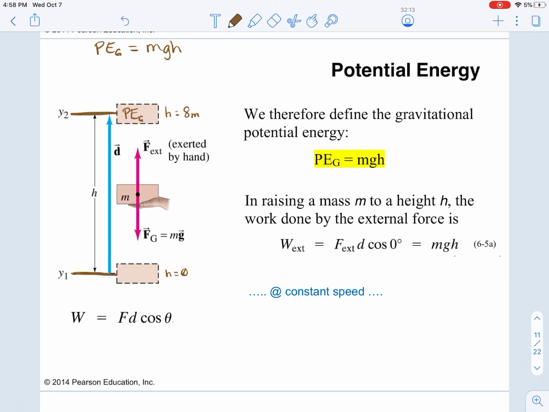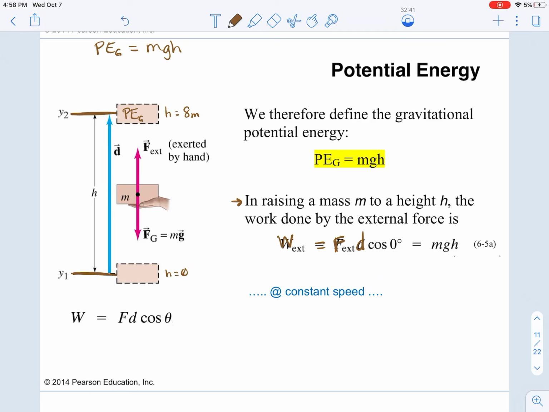Now, it says here, in raising a mass m to height h, the work done by the external force is, and then we give you a relationship. Work is equal to force times displacement times the cosine of theta, so I'll come back to that in just a moment. But in general, the force applied created the displacement.